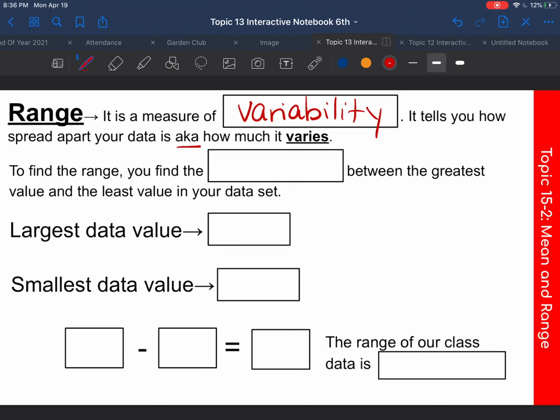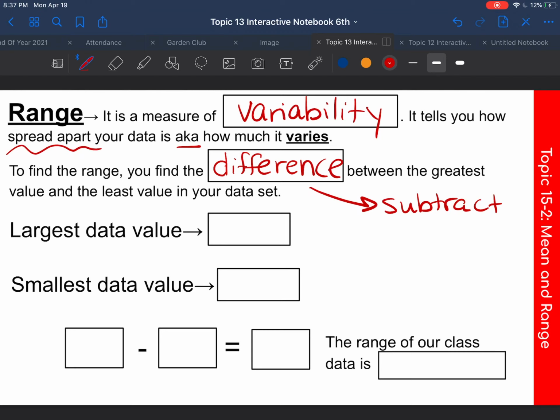So to find the range, you find the difference between the greatest value and the least value in your data set. Now, difference means you are going to subtract. So we want to see how spread apart, that's a really good word, how much it varies, how spread apart our data is.